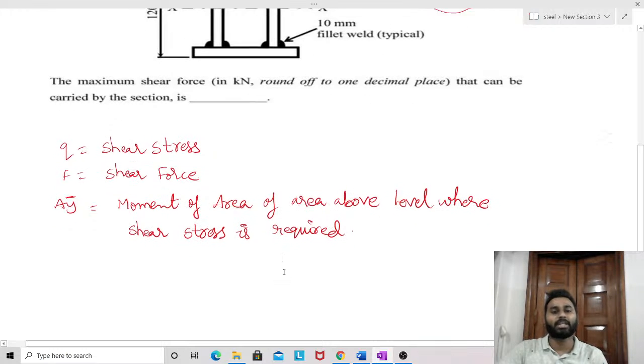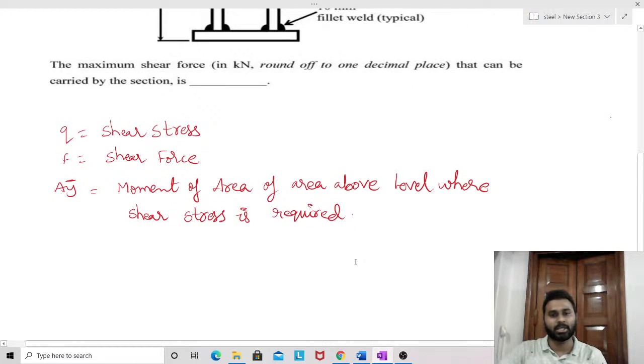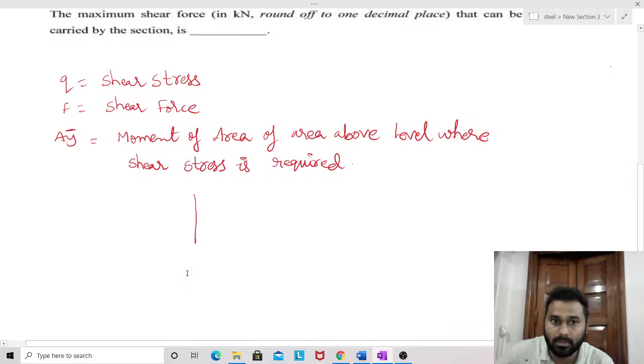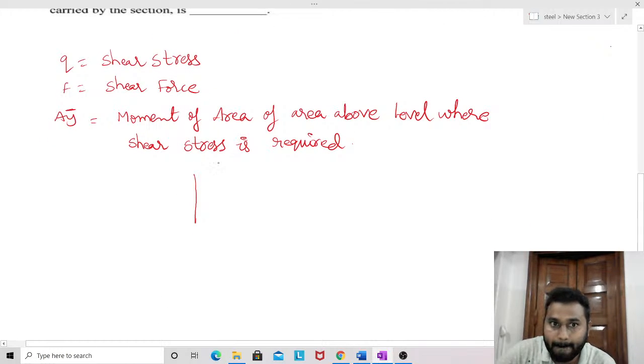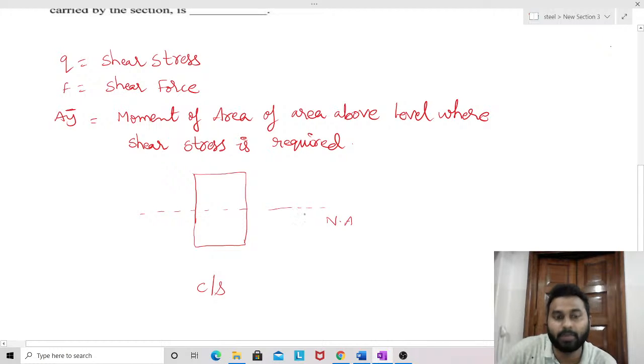So I'll explain it with a rectangular cross section. Okay, a rectangular cross section is quite easy to understand. So here I'll take a rectangular cross section as an example. So this is the cross section, and here is where the neutral axis will be.